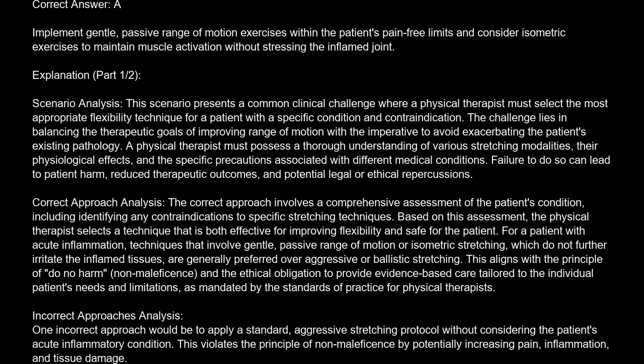For a patient with acute inflammation, techniques that involve gentle, passive range of motion or isometric stretching, which do not further irritate the inflamed tissues, are generally preferred over aggressive or ballistic stretching. This aligns with the principle of do no harm, non-maleficence, and the ethical obligation to provide evidence-based care tailored to the individual patient's needs and limitations, as mandated by the standards of practice for physical therapists.